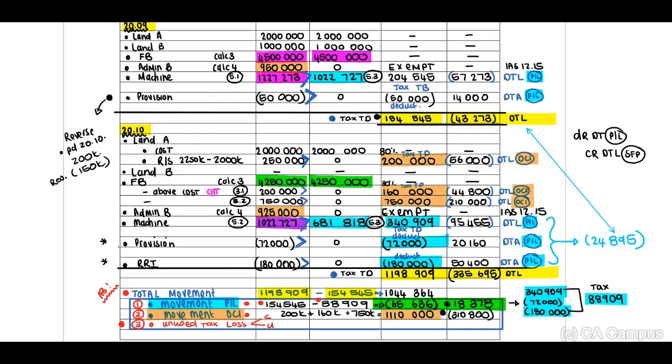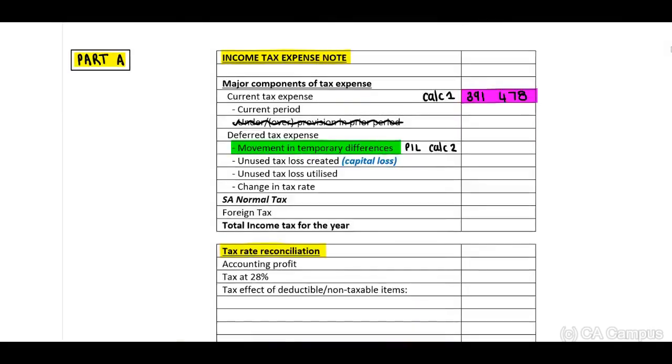Okay, but guys, in our note, I'm going to transfer this and then I'm going to explain the signs to you. 18,378. Remember, this is only your profit or loss portion, and now we need to include brackets. Okay, now the question, why the brackets?